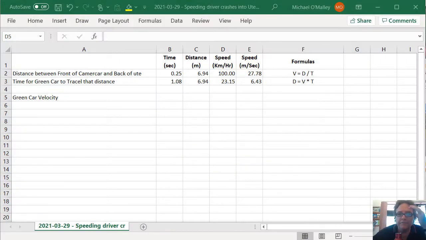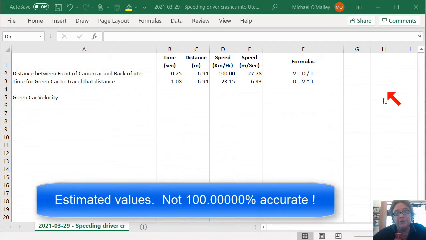Okay, so I've done some simple calculations here in a spreadsheet. The distance between the front of the camera car and the back of the ute: we just saw that it took 0.25 seconds for the front of the camera car to move to the same place where the back of the ute was on that white line. Assume the car's going 100 kilometres an hour, the speed limit.